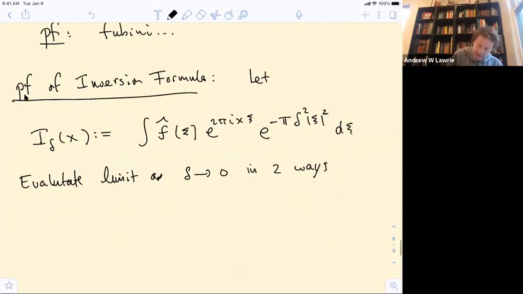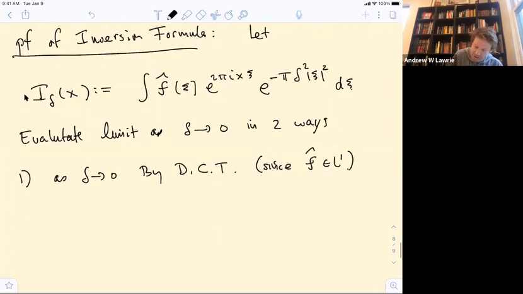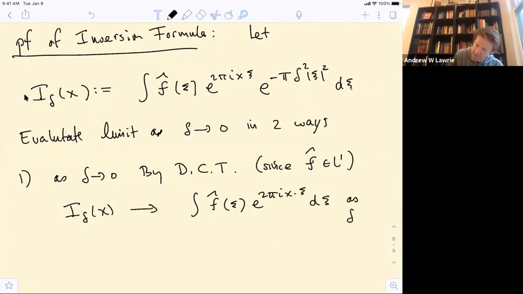Okay, on the one hand, as delta goes to 0, by the dominated convergence theorem, and here we use the fact that since f hat is in L1, I delta of x tends to the integral of f hat of c e to the 2 pi i x dot c dc as delta goes to 0.